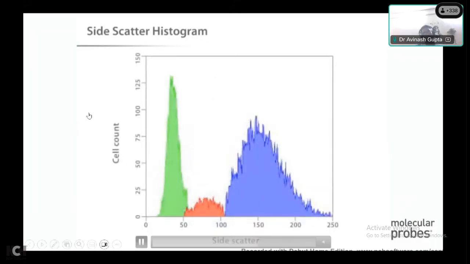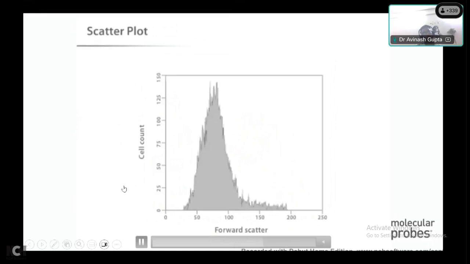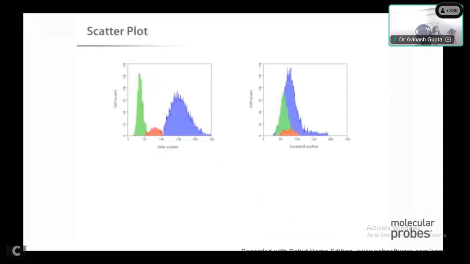In the same way, light is collected as for the forward scatter, and you can see the populations with the different scatters. Forward scatter will tell you about the size, and side scatter will tell you about the inner complexity, about the granules, nucleus, and the other vacuoles and cytoplasmic material.